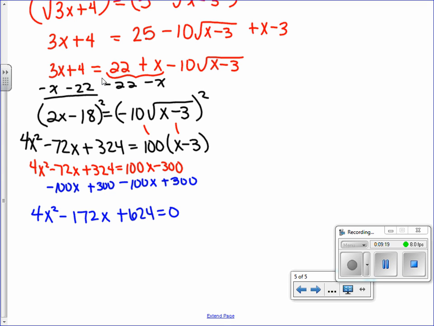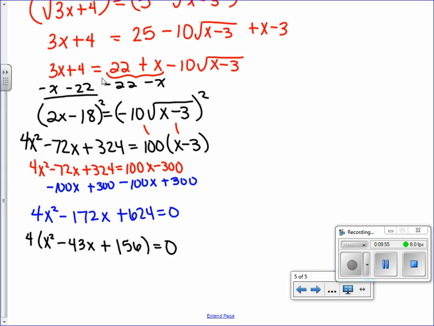Now, I'm going to factor out 4, but I really don't want to factor this. These numbers are huge. Yeah, you can do that. Let's see. That's not 131. 156.